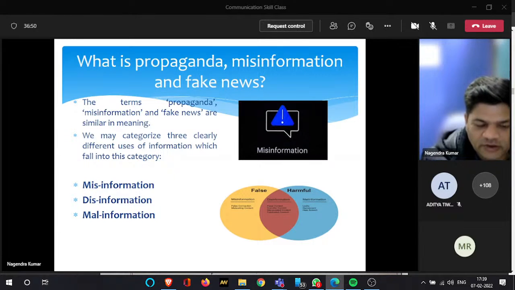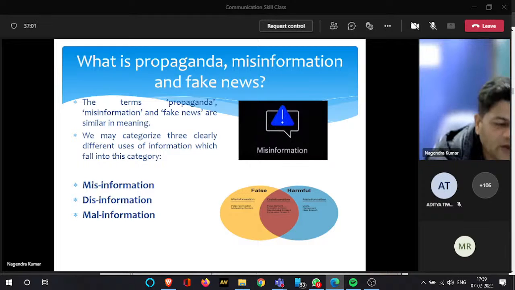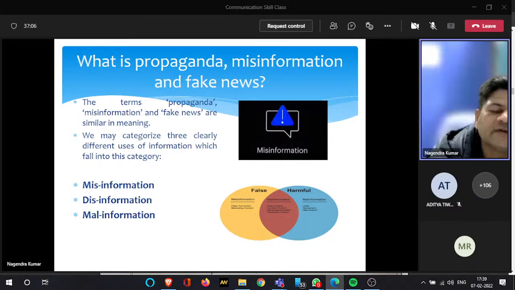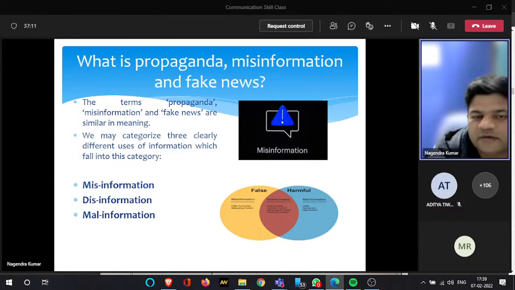So, I understand that, like when I was a student, I still remember during 89-90, I was also having one of the papers on advertising, salesmanship, and public relations. And in that, my teacher taught me how the Western media raises propaganda against the Southeast Asian nations or South Asian nations.